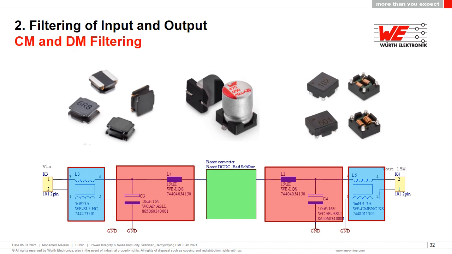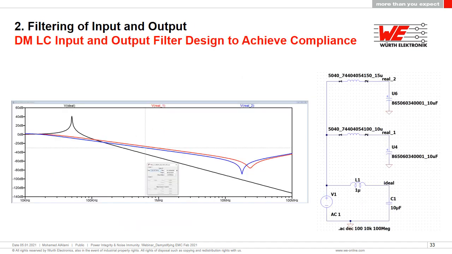And just to also show you, starting off with the differential side of things, the DM mode, LC input and output filters, we've used LTSpice. Now I've mentioned before we have got models in LTSpice for both capacitors as well as inductors as well as common mode chokes. Everything's there.